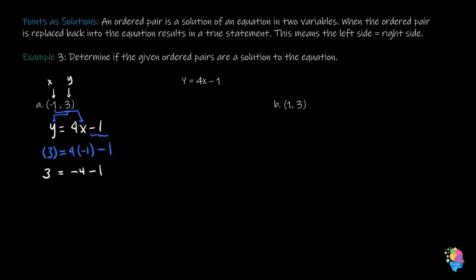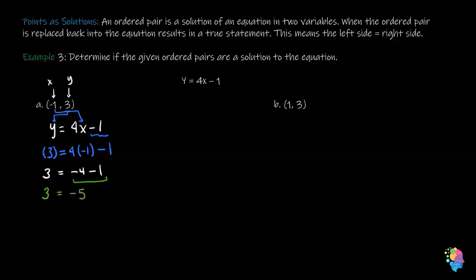On the left side, all we have is that 3, so we're going to leave it alone. There's nothing for us to simplify. Don't lose the equal sign. And on the right side, I have minus 4 minus 1. Because these are the same sign, we're going to add and keep the sign. So on the right side, I get a minus 5.